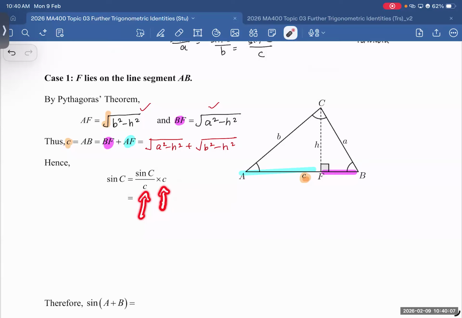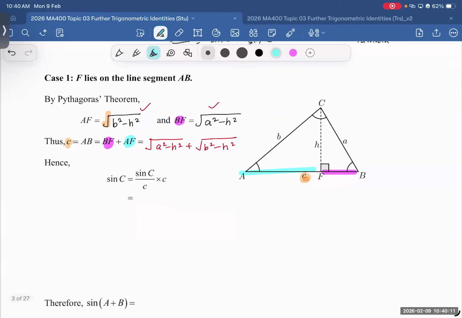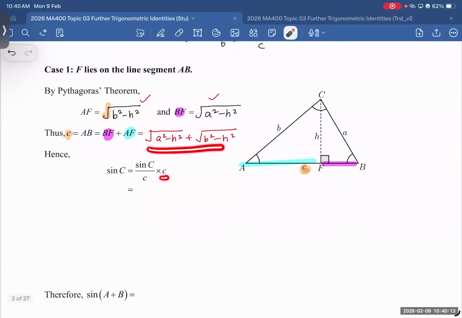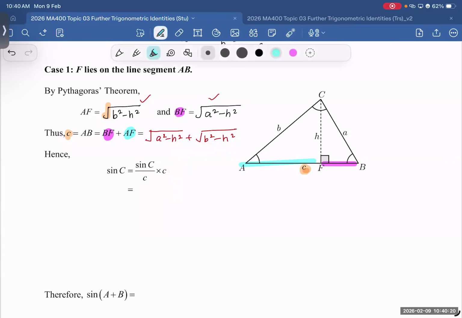So, can I say, I'm going to summon this C to be here. I'm going to take this and put this here. Can I say that is sine C over C times square root A square minus H square?